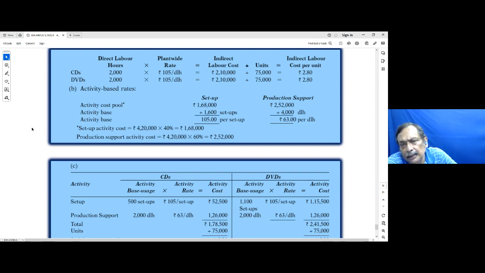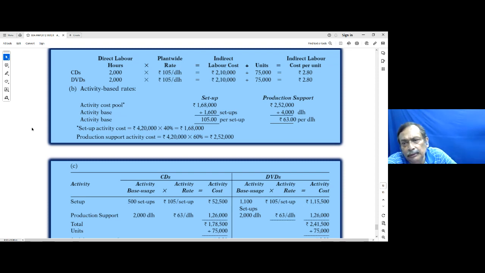Based on 1,600 setups and 4,000 direct labor hours, the activity cost per setup comes to 105 and production support comes to 63 per direct labor hour.